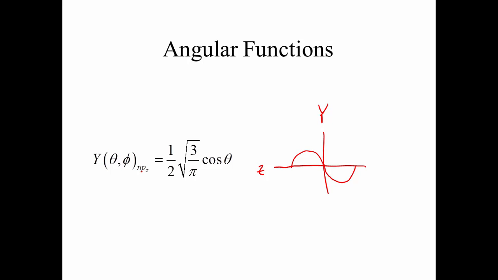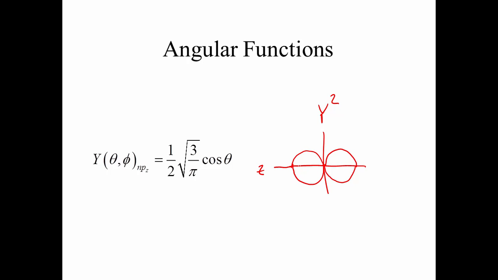for the pz orbital. And you can see that if we square this, we get the figure 8 shape or dumbbell shape for what we're familiar with as a p orbital.